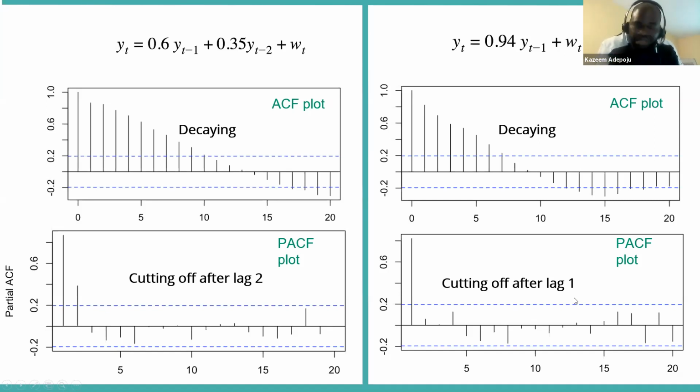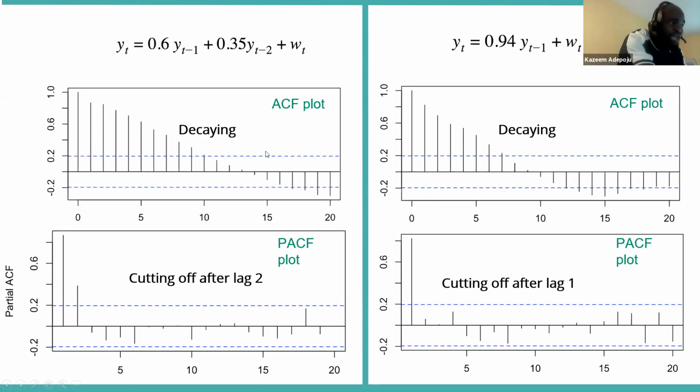I'm going to say that again. You can use the ACF plot to know whether you are working with the autoregressive model or the moving average model. So if the ACF plot decays to 0, then that is an autoregressive model.